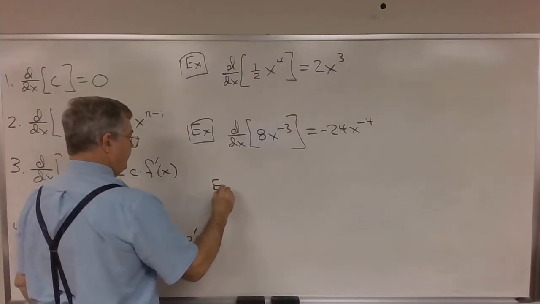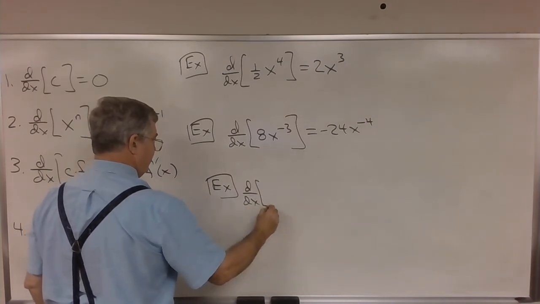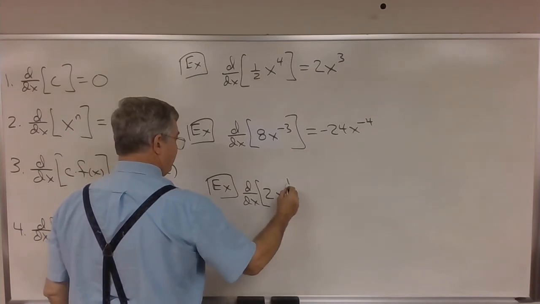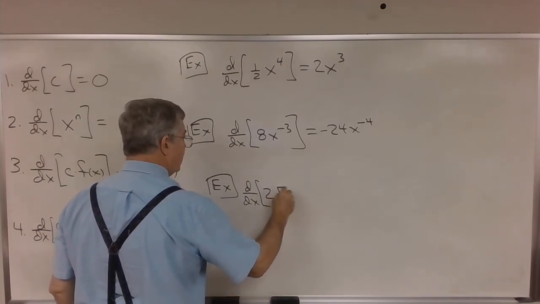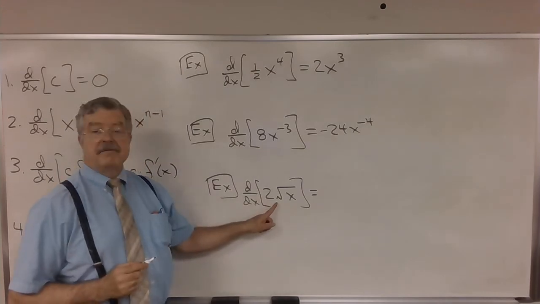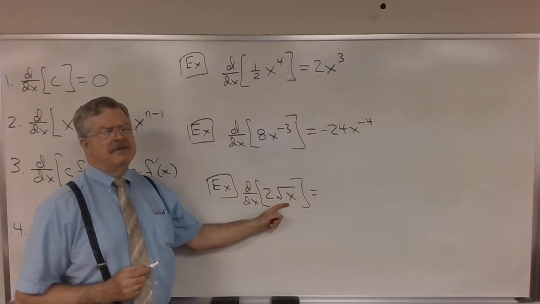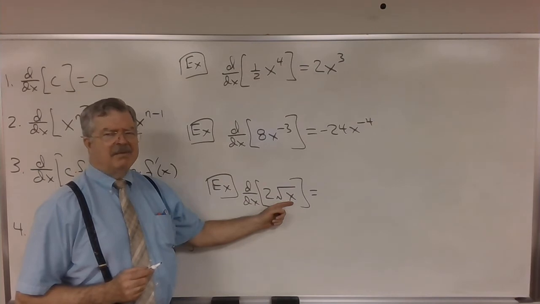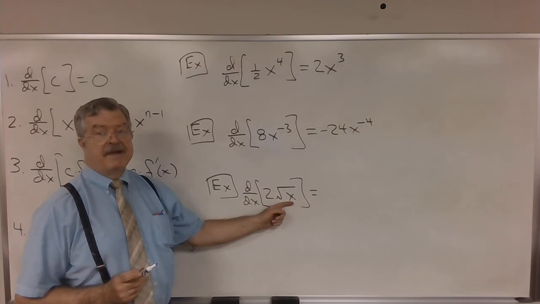Okay, another one. Derivative of 2 square root of x. Now we do have to do something here. I don't like radicals, so I gladly rewrite the square root of x as x to the 1/2.